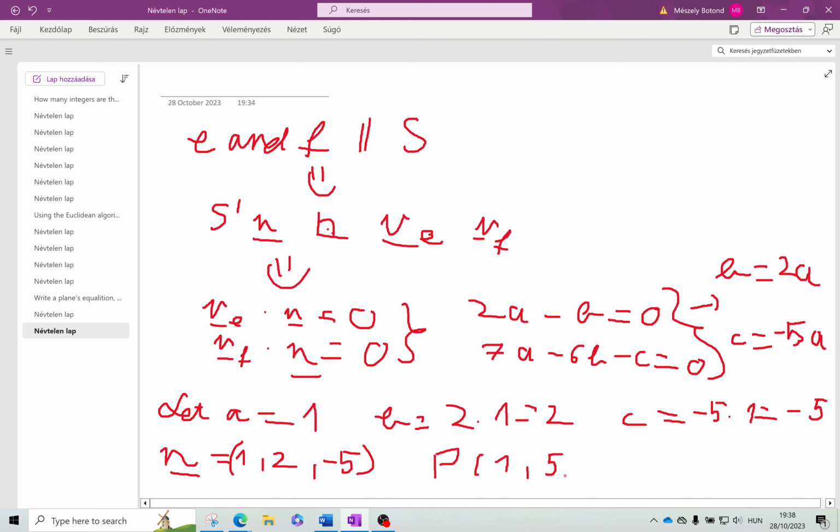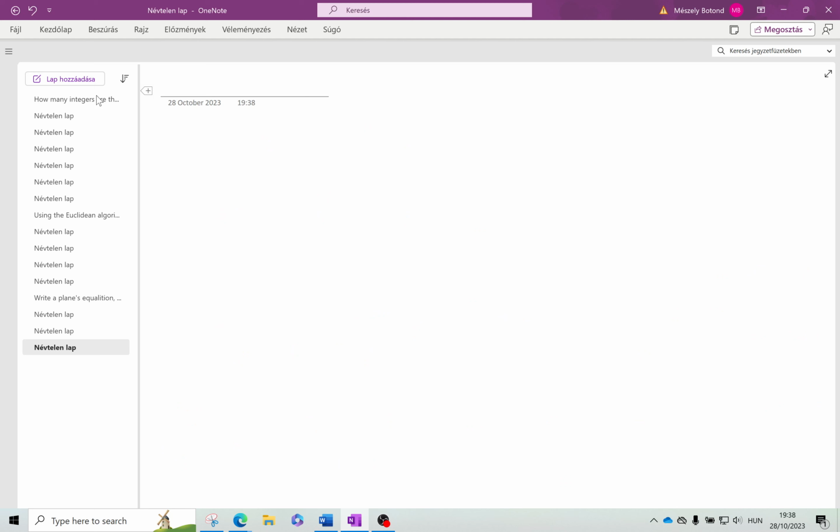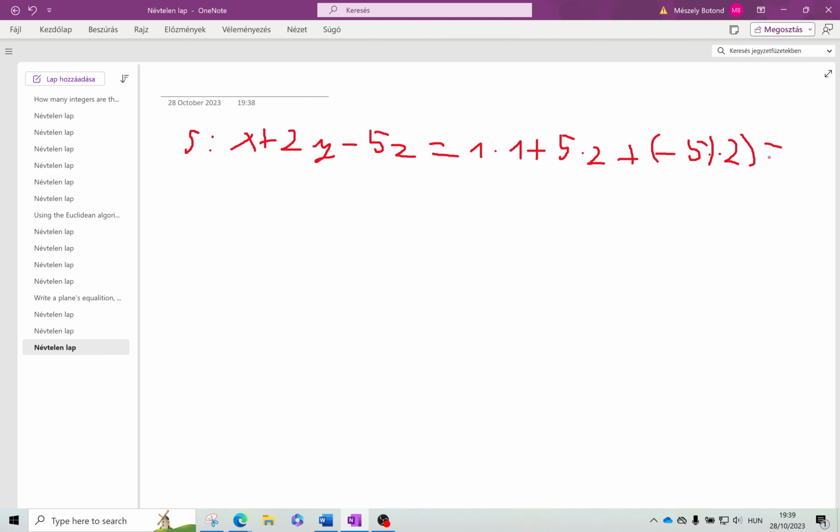And from here, the plane's equation is x plus 2y minus 5z equals 1 times 1 plus 2 times 5 plus minus 5 times 2, which is 1.